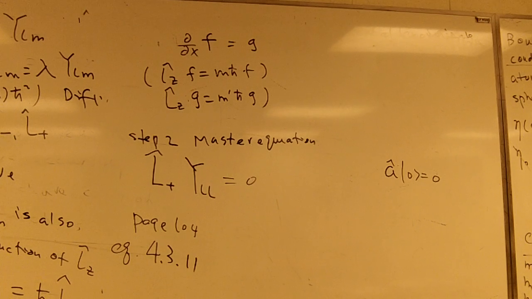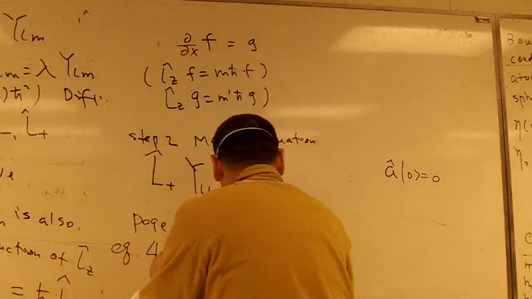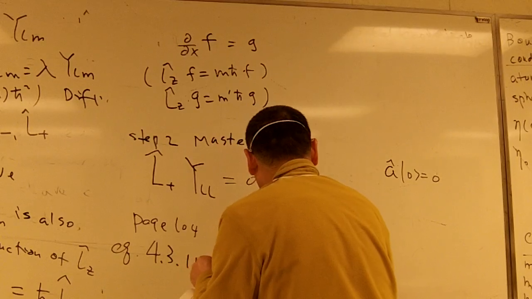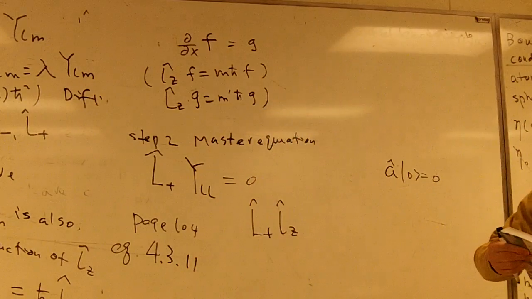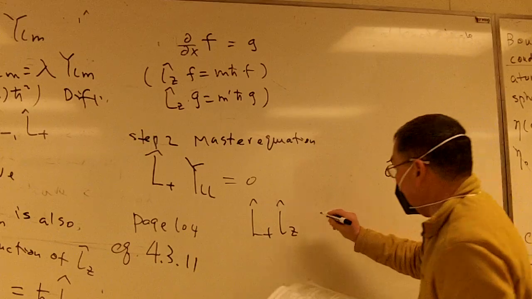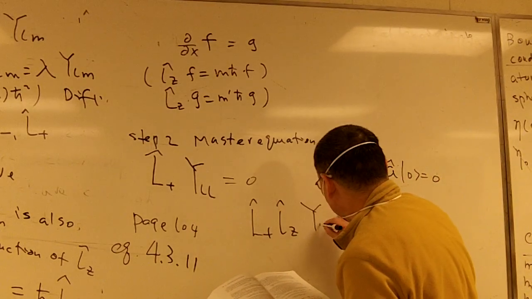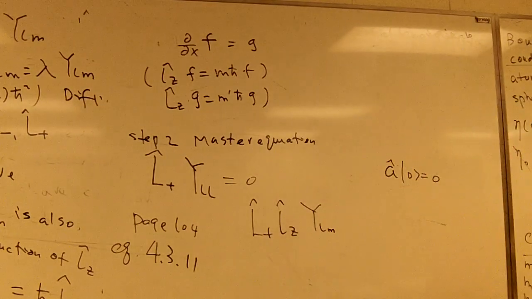Now, from the second equation to the third equation, did you see you have Lz behind? In other words, L plus is in front and Lz is behind it, applied onto YLM. I want you to notice the trick we are doing here. In the beginning, I have Lz first and L plus second, but this won't be easy for us.